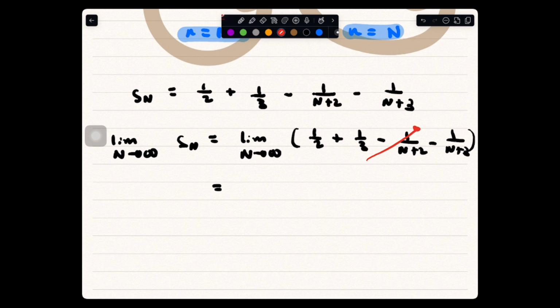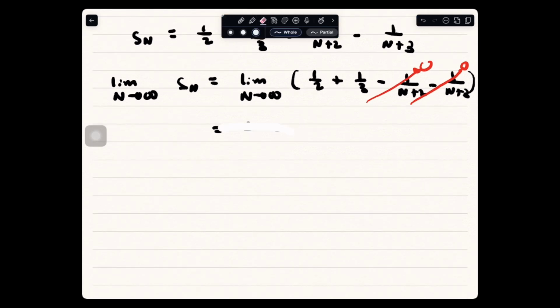Remember, this goes to 0, this goes to 0, so we converge to 1/2 plus 1/3. Let's actually do some arithmetic here. That's finite. 1/2 plus 1/3 is 5/6. So this number is finite. Our series converges, and it converges to 5/6.